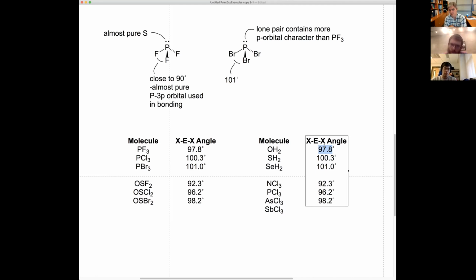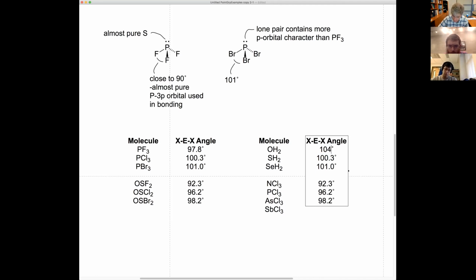Okay, so what is that going to do to this angle? Well, it's going to mean the lone pairs are more pure S in character. And it's going to use less s orbital to make its bonds. So the selenium hydrogen bonds are going to be mostly p. And as you go up toward oxygen, s becomes more significant.